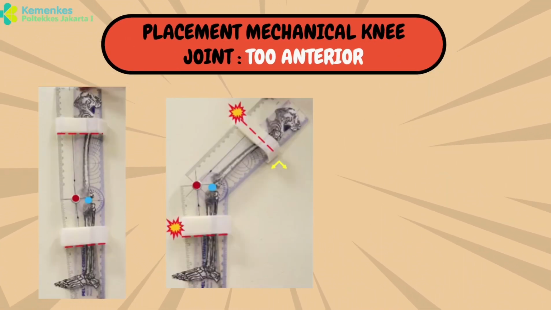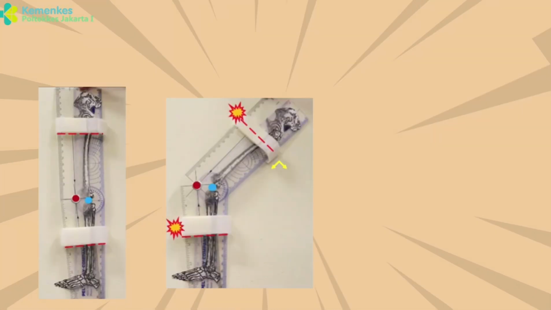Okay, for the next what-if condition, when the mechanical knee joint is placed too anterior, in the picture we can see when the knee begins to flex, it creates pressure on the anterior proximal calf and anterior distal thigh, and there will be a gap on the posterior proximal calf and posterior distal thigh.